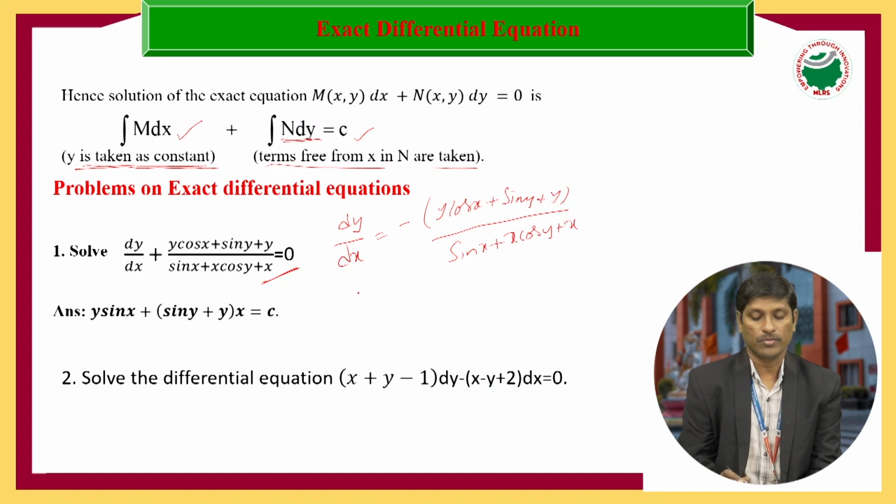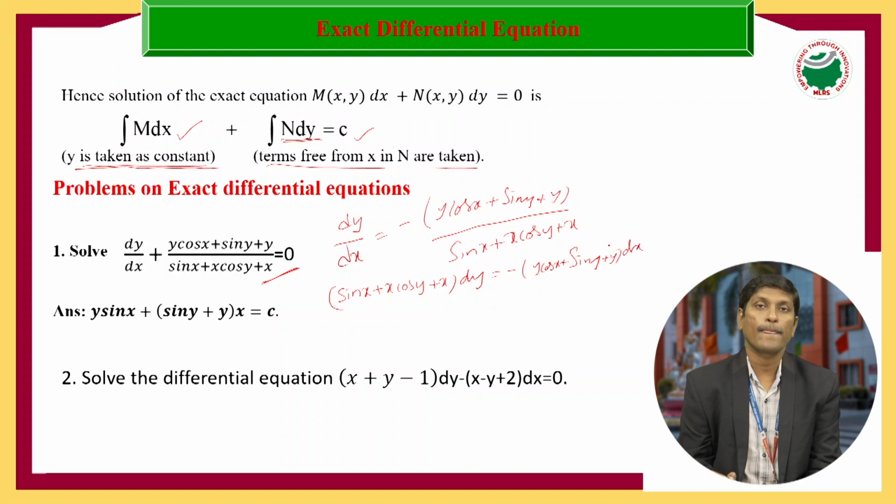Cross multiply that. If you cross multiply, what you get? (sin x + x cos y + x) dy is equal to minus (y cos x + sin y + y) dx. Take all the terms to one side. Why? Because we require the form M dx + N dy. So first take this to this side.